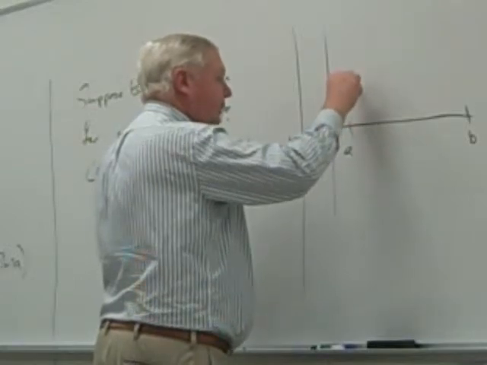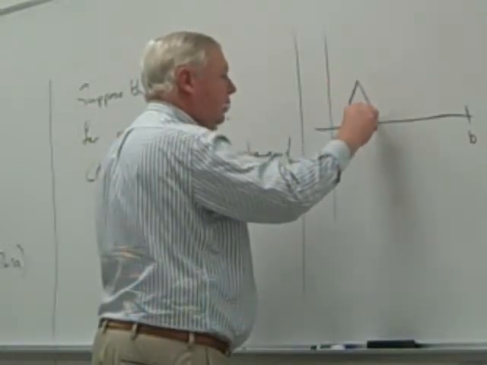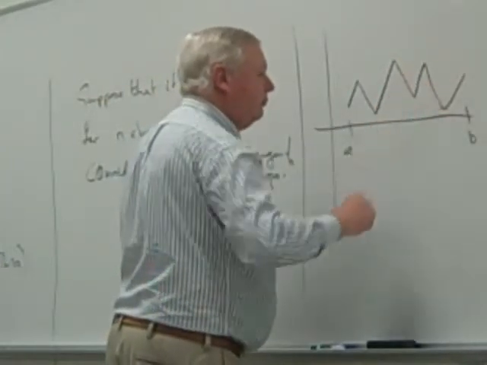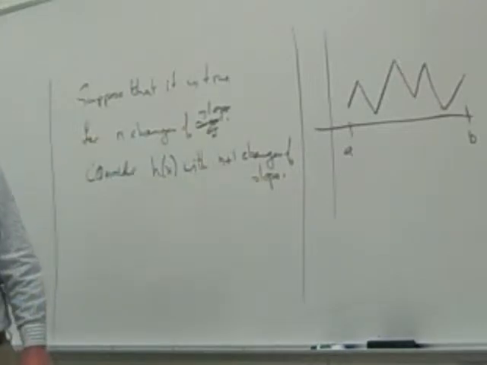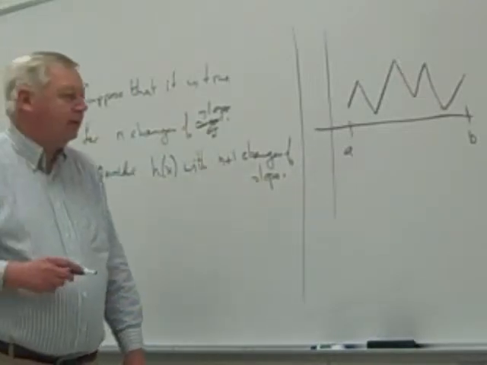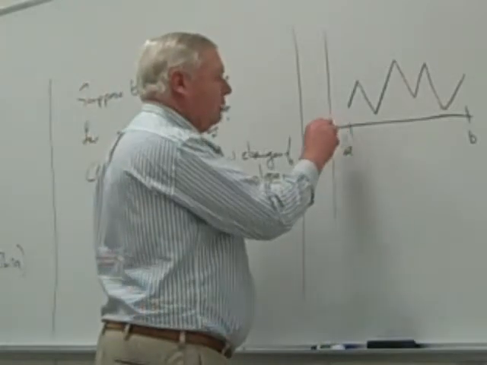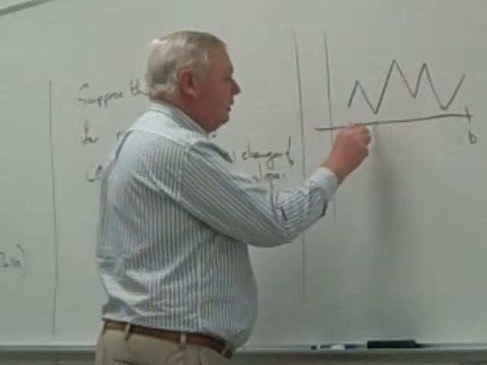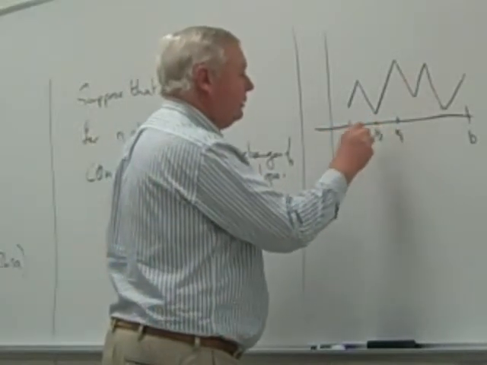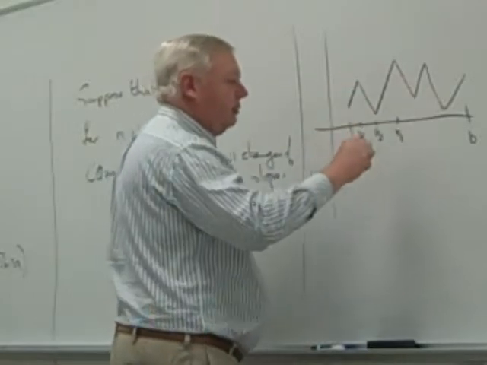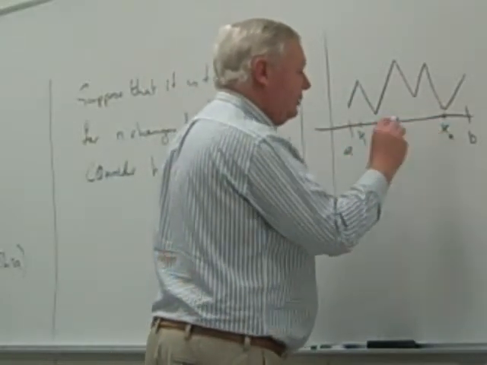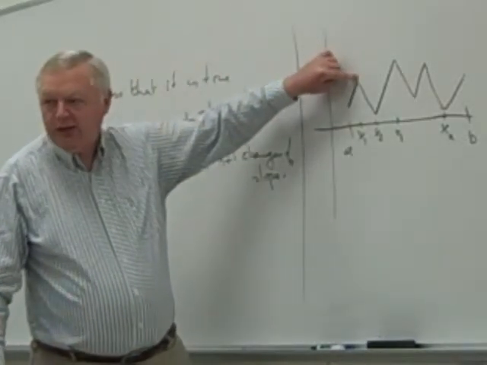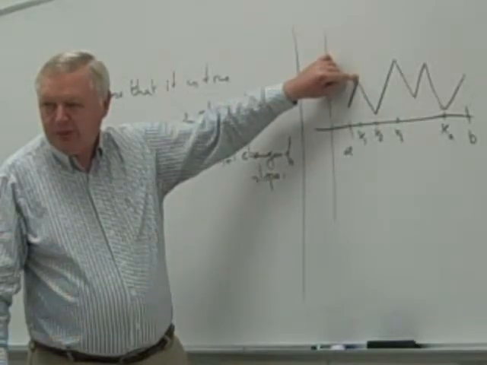So it goes up, say, and down, up, down, something like that. So let's mark in some points: x1, x2, x3, and xn. Each time we come to an x_i, we have a change in slope for the piecewise linear function.